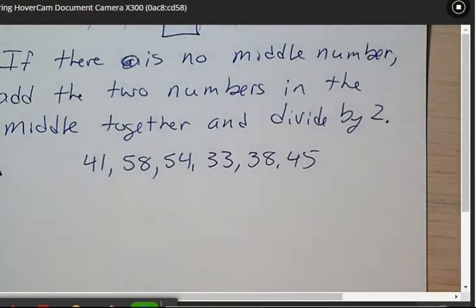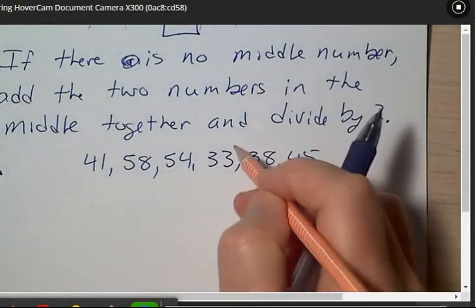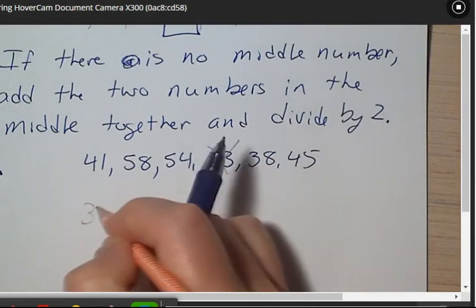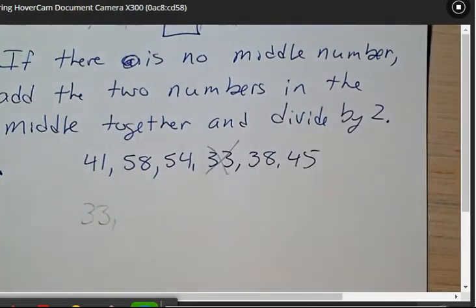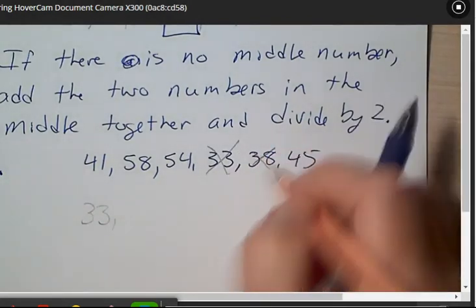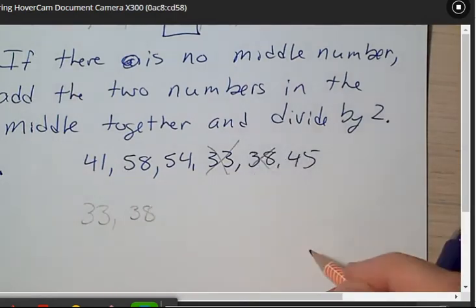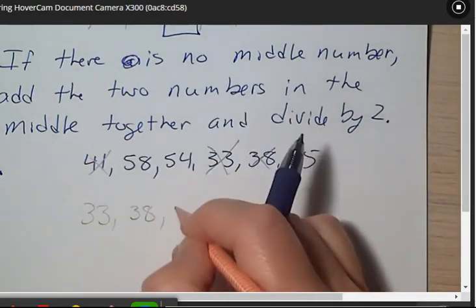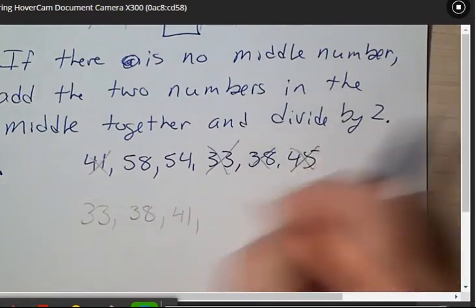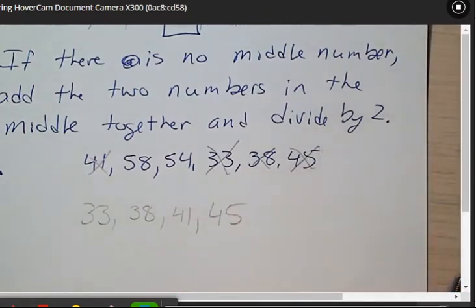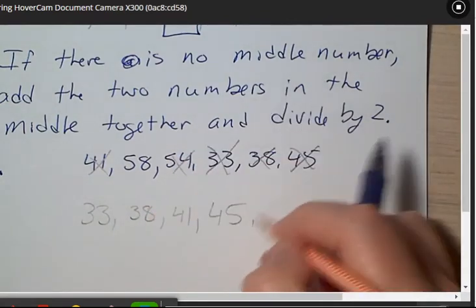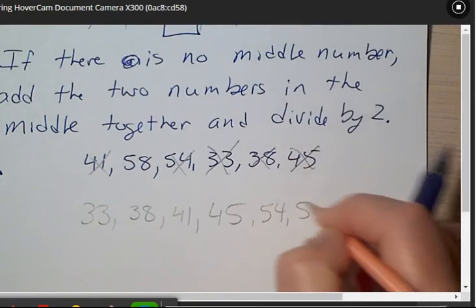Same thing: you've got to get it from least to greatest. Start with the smallest number, or again, you can do greatest to least, as long as they're in order. Next up is 38. Then we have 41. Then we have 45. And then 54 and 58.